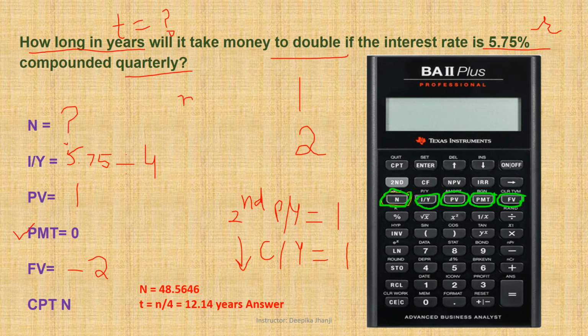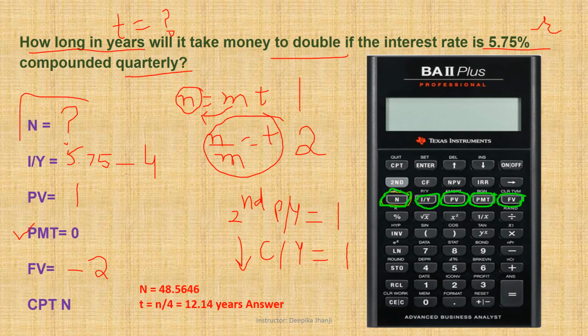And in the end, we know N is equal to M times T. When you get value of N, make sure you divide it by M. N divided by M equals to T. Right? That will be our last step. Okay. So when you input all these values, you will get value of N and then divide it by 4 to get value of T.